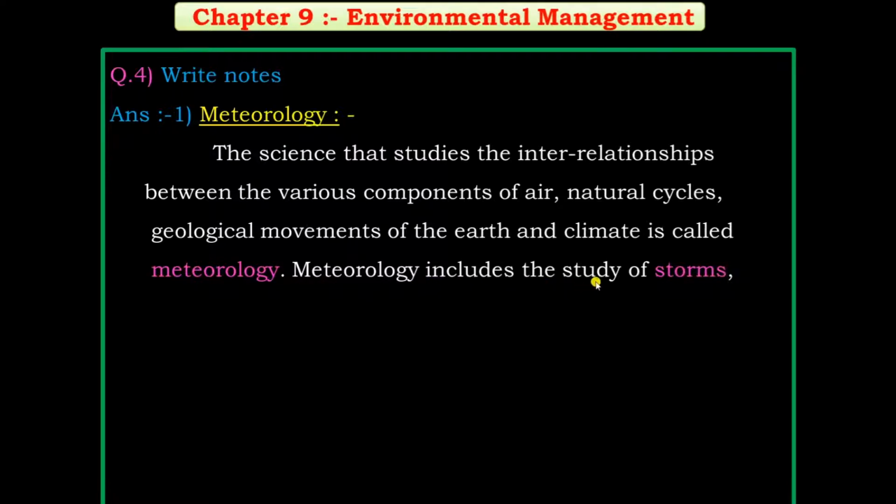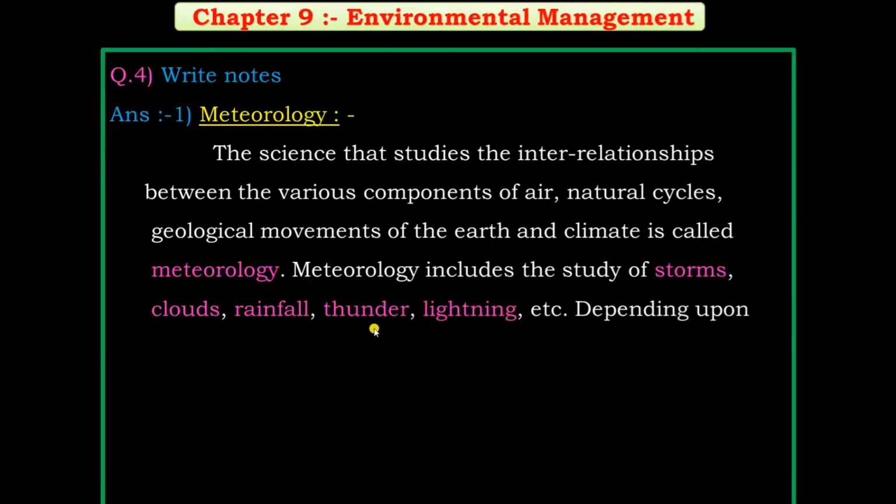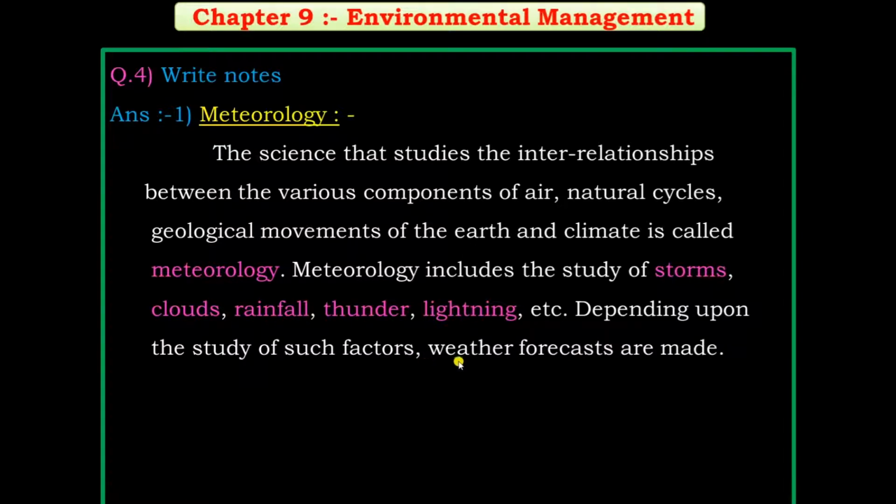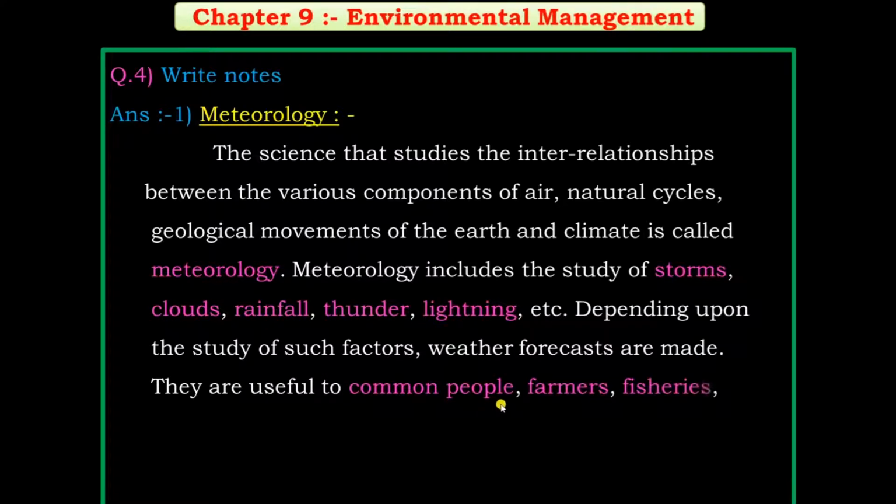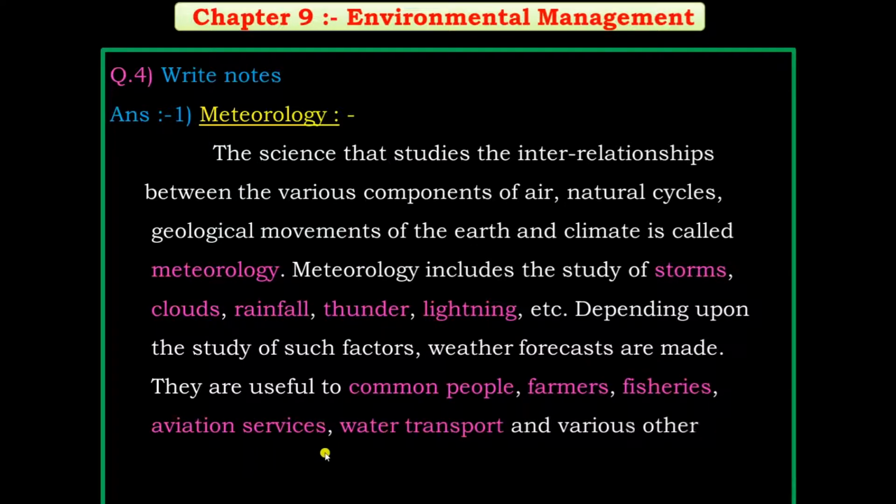Meteorology includes the study of storms, clouds, rainfall, thunder, lightning, etc. Depending upon the study of such factors, weather forecasts are made. They are useful to common people, farmers, fisheries, aviation service, water transport, and various other organizations.